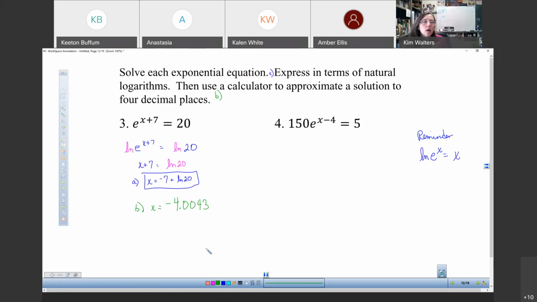Okay, I just want some input as to what you might think we need to do as an extra step on number 4. Number 4 requires an extra step, and it's an extra step at the beginning. I'm open to suggestions. I know what the right answer is, but I'd like to see what you guys think I might need to do on number 4 before I can go about doing everything else.